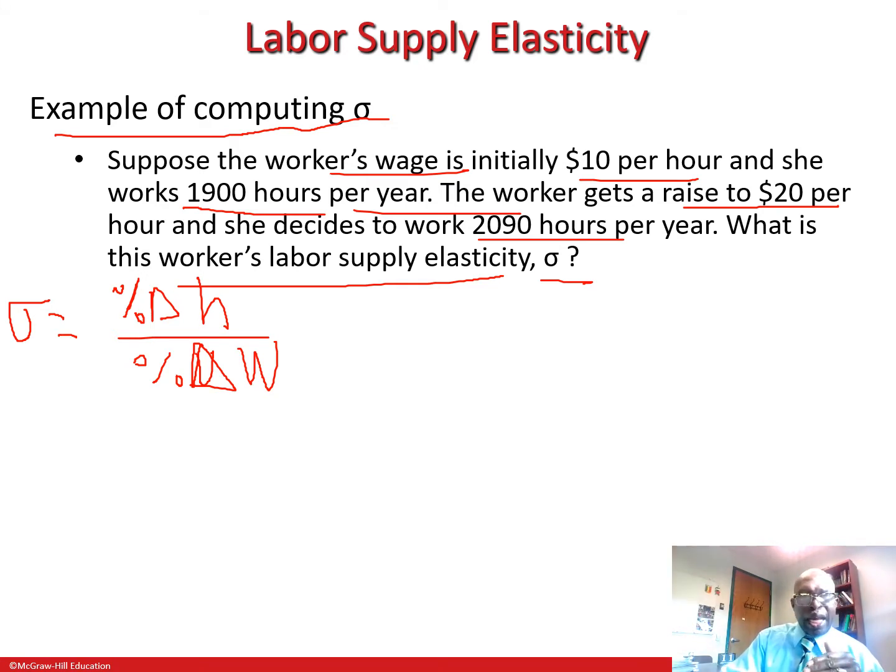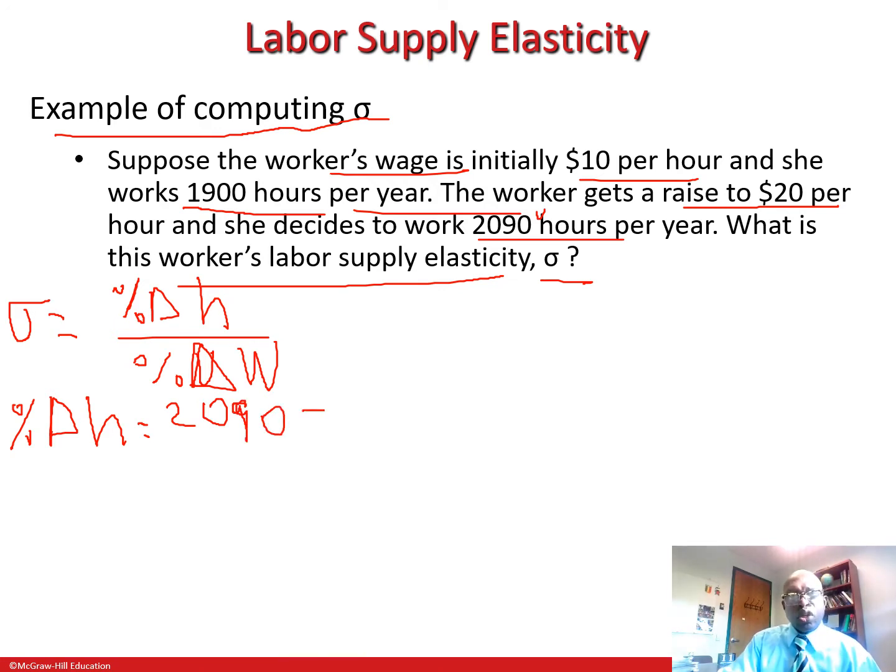Let's compute on the side the percentage change of H. The hours worked with the raise is 2,090 hours minus the initial hours, 1,900, divided by 1,900, multiplied by 100 to have it in percent.